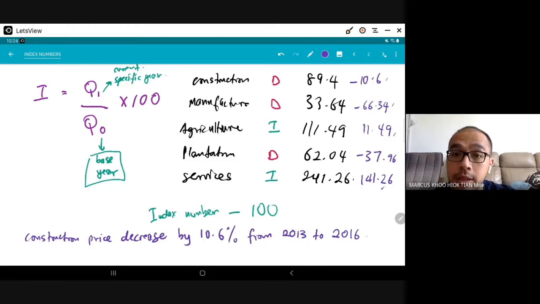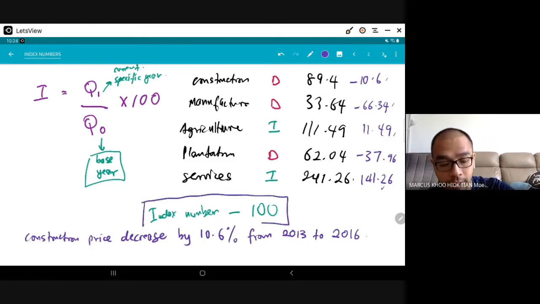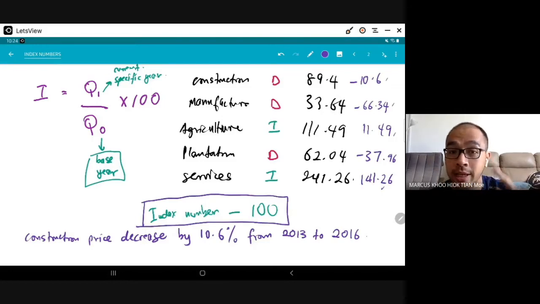So that number that we do just now, the index number minus 100, that number tells us how many percent it has increased or decreased. But because we want to say percent, we don't put the negative number in, we just take the number only. So for construction, it's decreased by 10.6%.